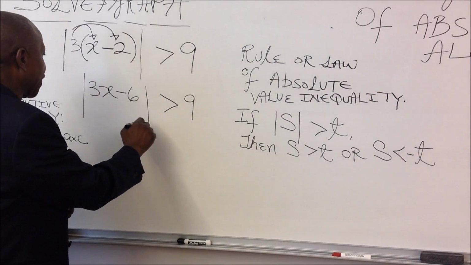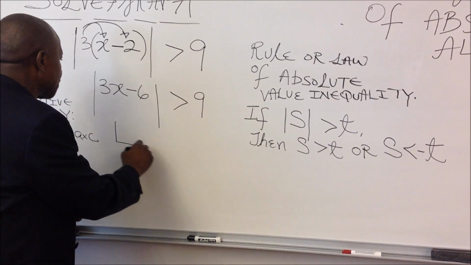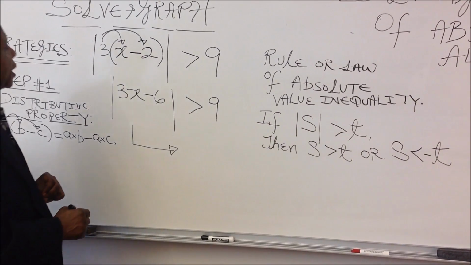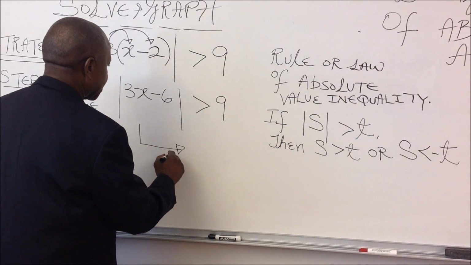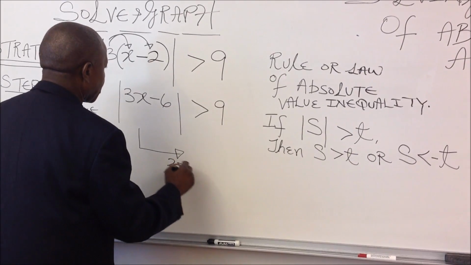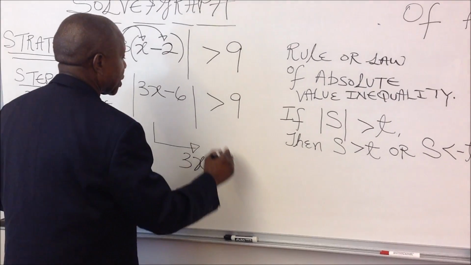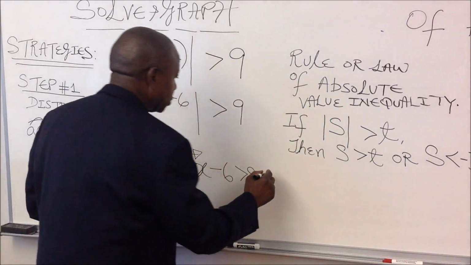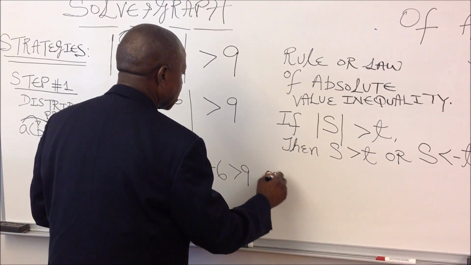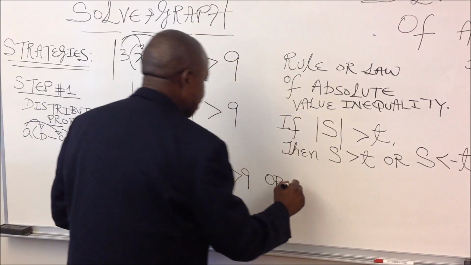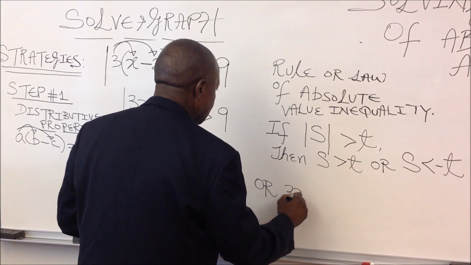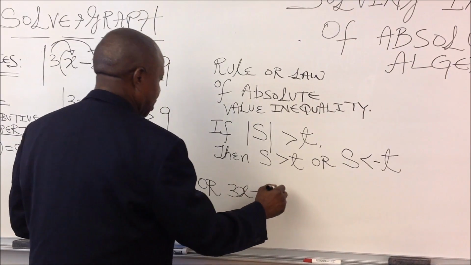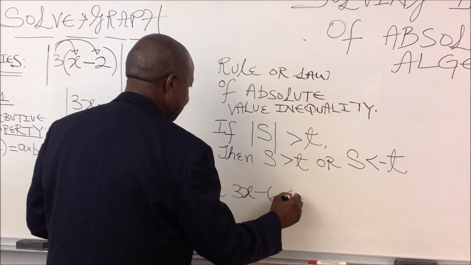So therefore, we are able to write this inequality as 3x minus 6 is greater than 9, or 3x minus 6 is less than negative 9.